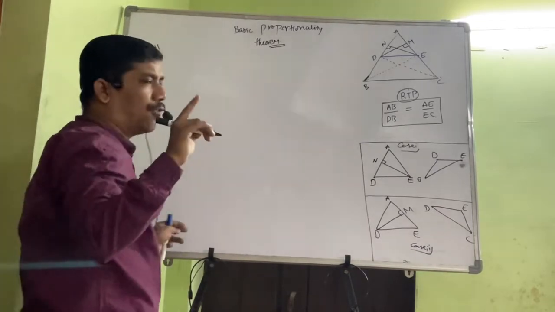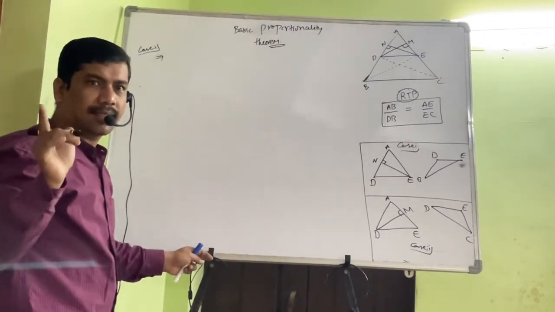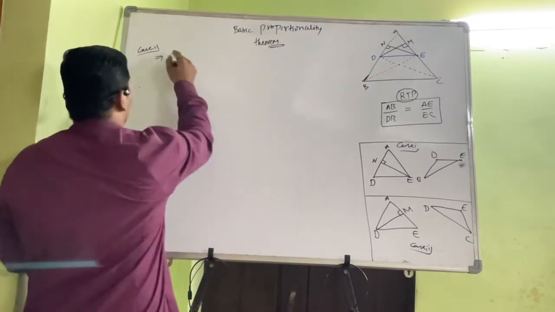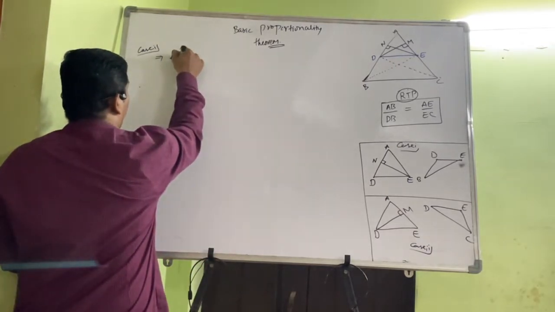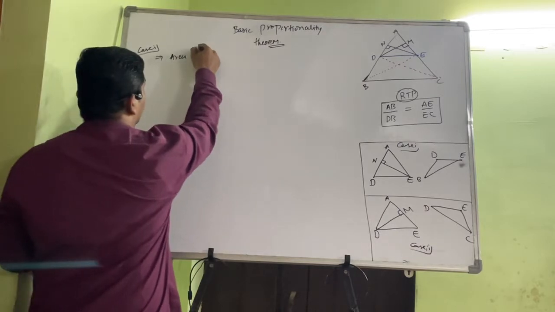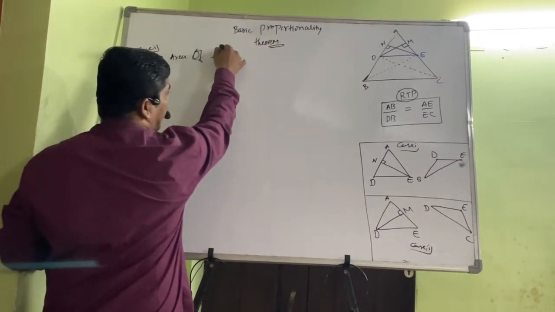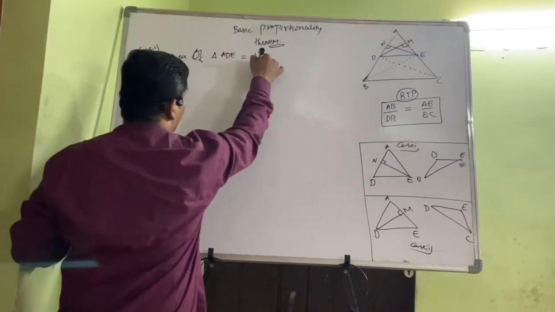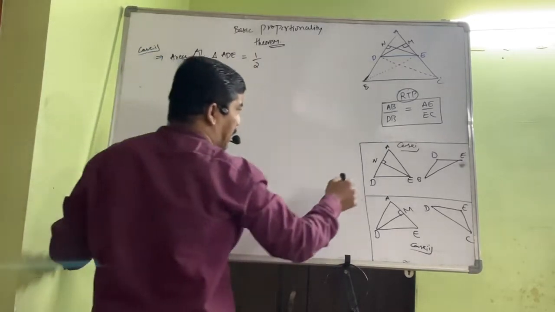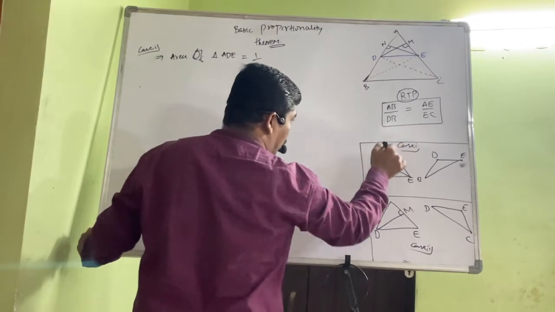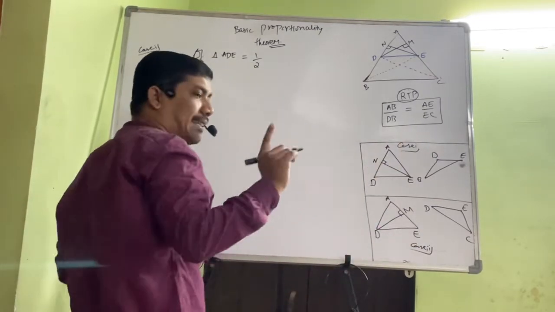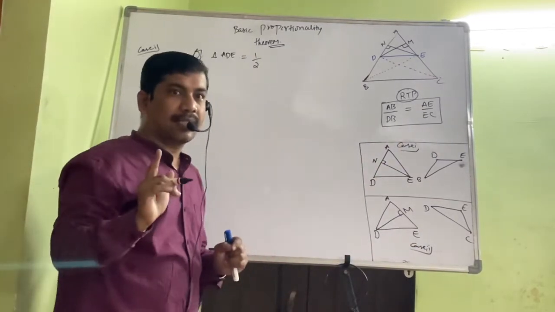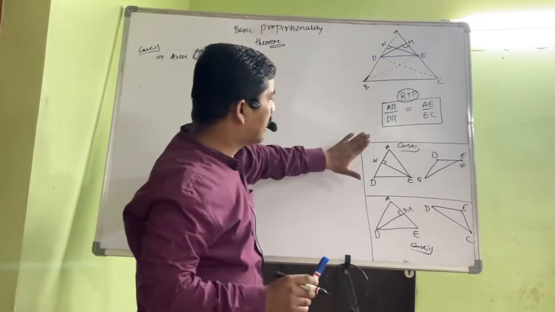Area of triangle is half into base into height. Clear? So, area of triangle ADE is nothing but half into base. What is our base? Here if you look at in your book, they are using the word AD. Right. So don't confuse. It is our triangle.